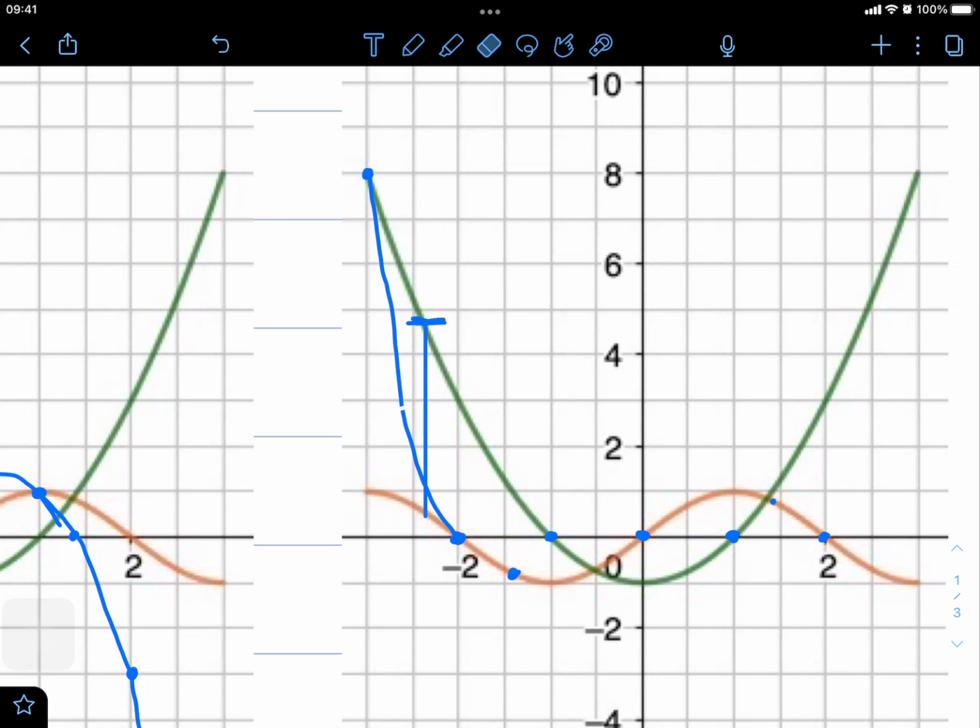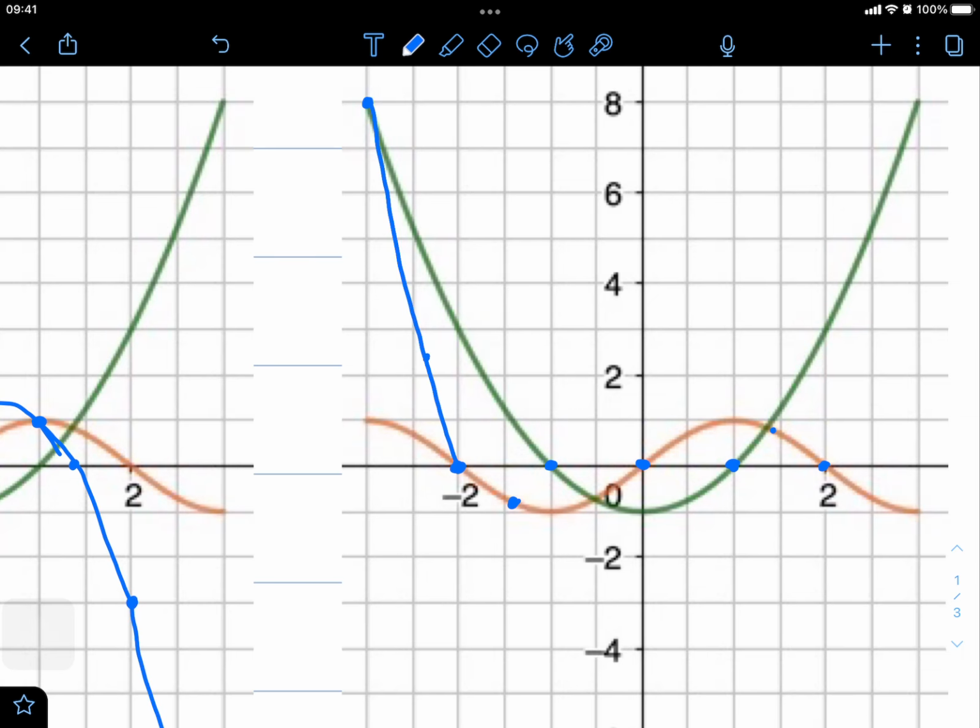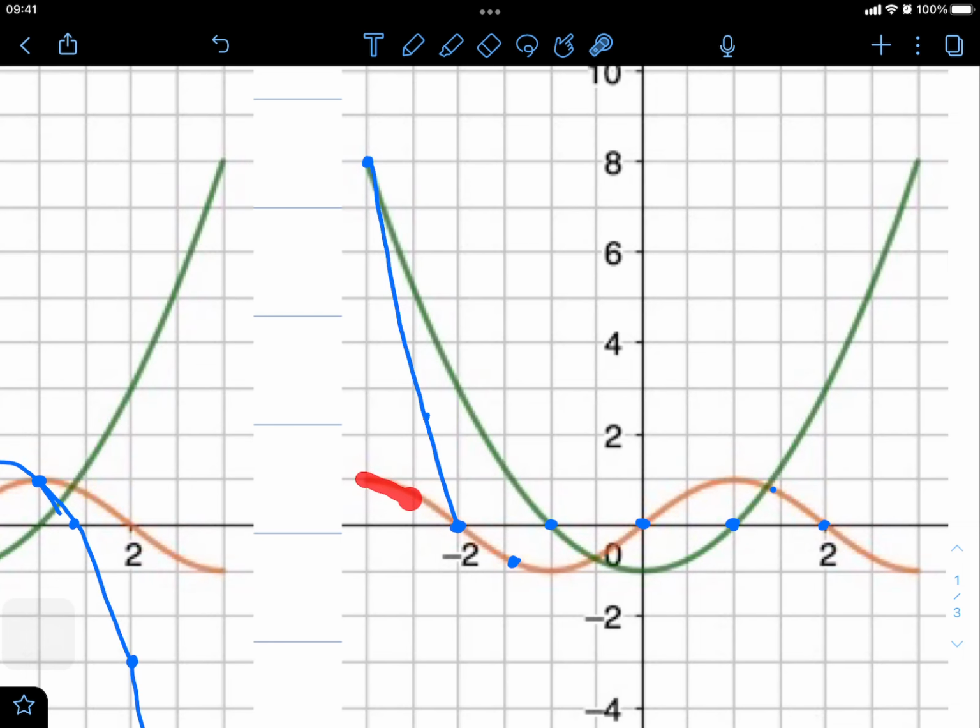So actually it should be a little bit higher, in fact, like so. Because these are fractions multiplied by whole numbers, it should be below the actual curve itself.